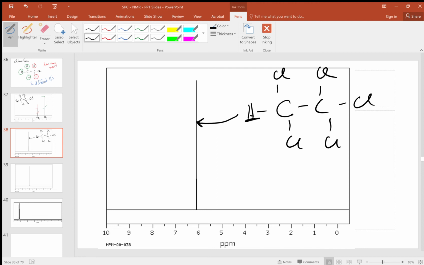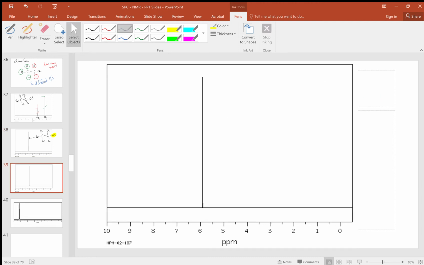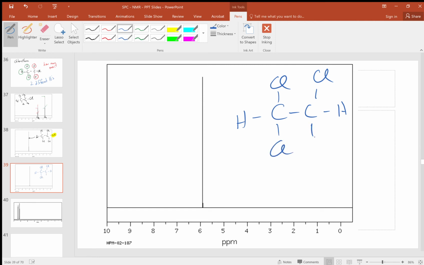So now we're going to take this molecule and we're going to replace one of these chlorines over here with another hydrogen. What do you think that'll do to the spectrum? Well, here it is. So 2 things should occur to you.